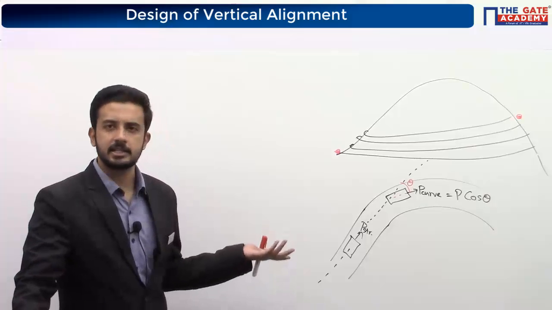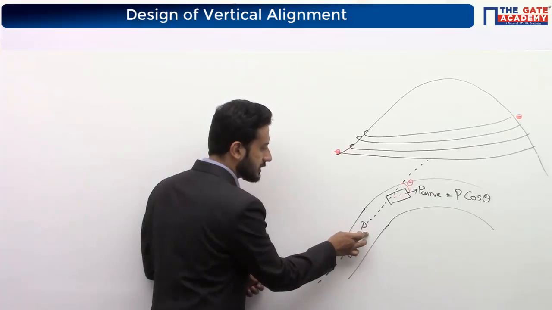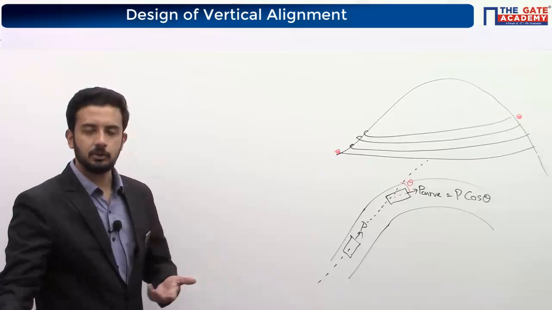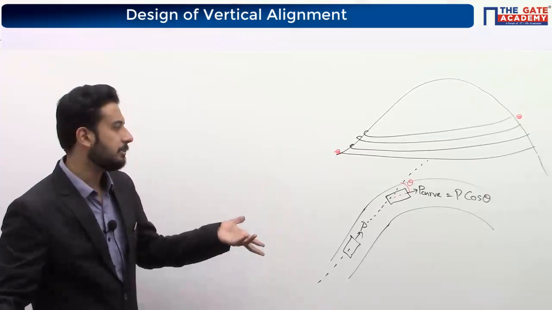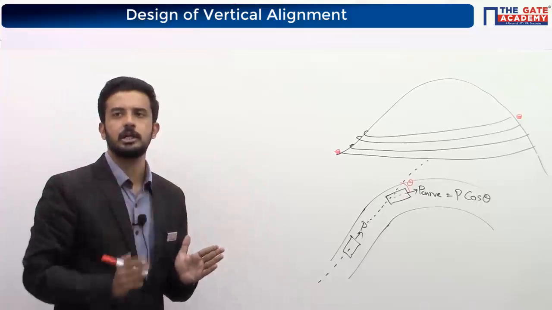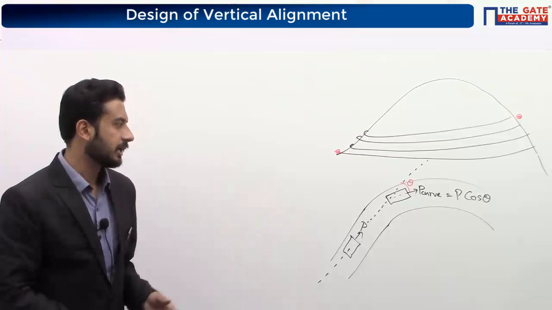So you will be getting the exact tractive force, if I am simply putting this as P. If you are turning a little bit angled, then the theta value is going to change. So P cos theta also will change. It will not be 90 degrees, na? Which means it's not a curve, it is a sharp turn. It's another straight road. So some resistance is going to happen because of the curve.